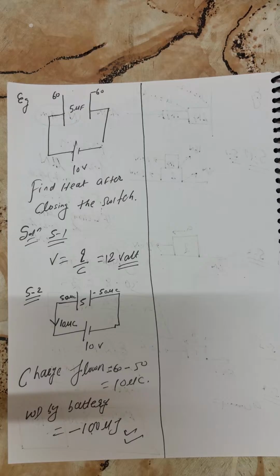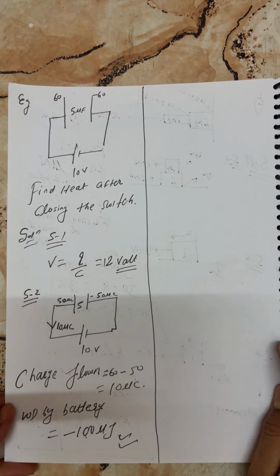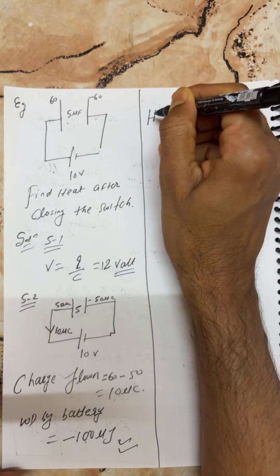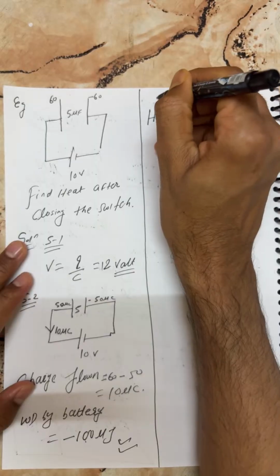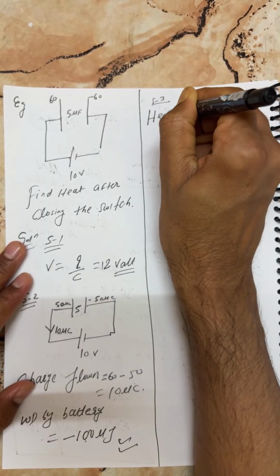Vedic, very good. Correct beta. Now, my dear, next part is to find the heat. Step 1 finish, step 2 finish, step 3. So heat is what?